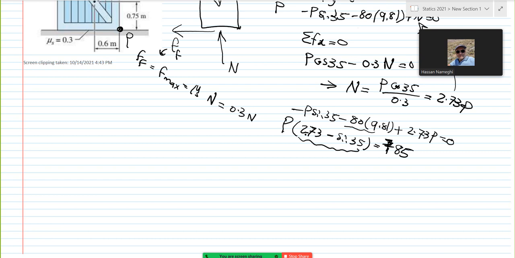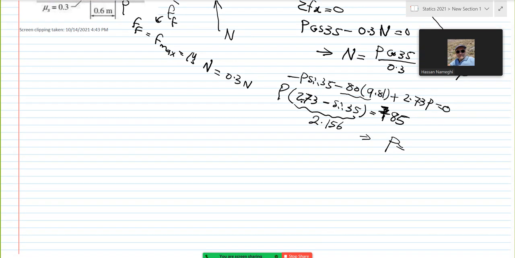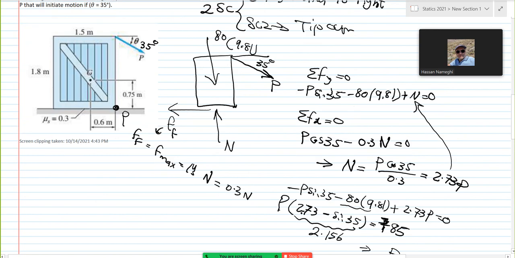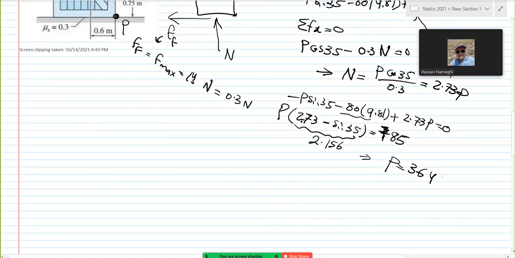I got 2.156. From here, we're going to get P is equal to 785 divided by 2.156. The answer is 364. Just need to check the unit for this. 364 Newton. So if I apply 364 Newton, this will move to the right.